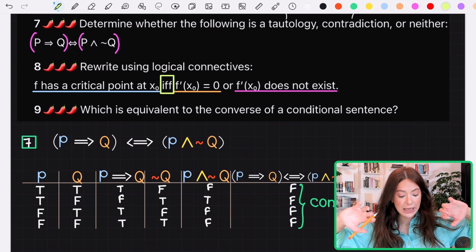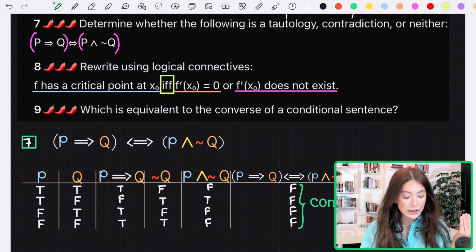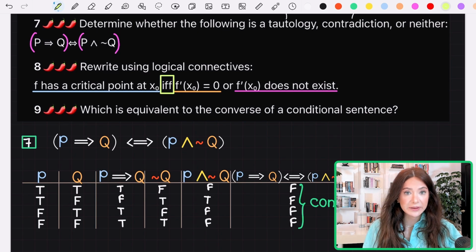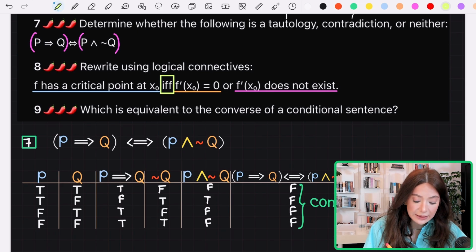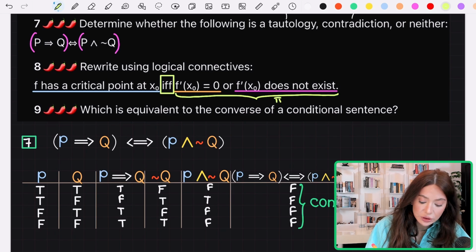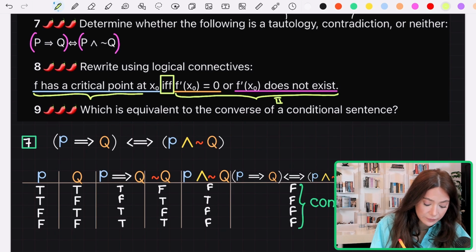The first says the function has a critical point at x naught, if and only if the first derivative at that point is 0 or the first derivative at that point does not exist. And then here I have 1, this is 2, and then this is 1.